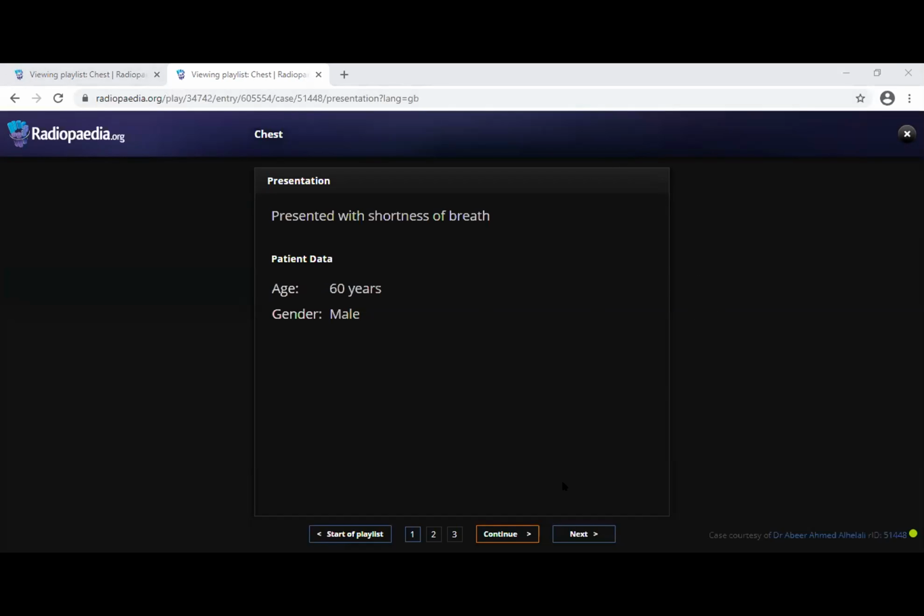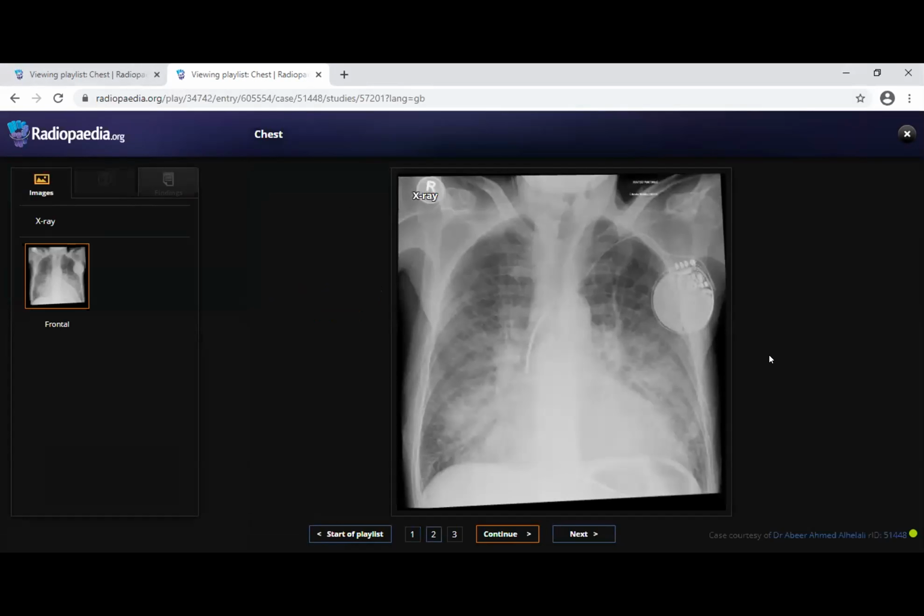Okay, so this is the first case. A 60-year-old man with dyspnea.